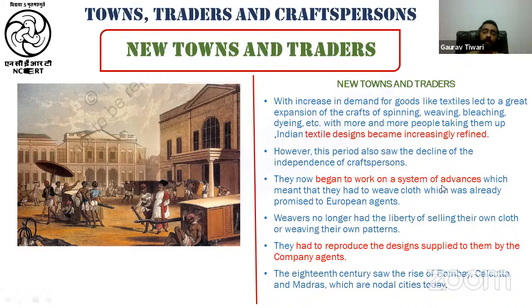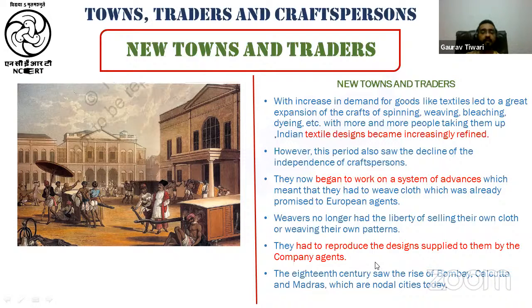And this was the system of advance. ये अपना कॉटन उन्हीं को बेचते थे जिन भी यूरोपियंस को इनने प्रॉमिस किया होता था. Now these weavers no longer had the liberty of selling their own clothes. They do not have the liberty to design their own clothes. ये सिर्फ कंपनी की भेजी गई डिजाइन्स को रीडिजाइन करते थे, उन्हीं को फर्निश करते थे और इन्हीं को बेच दिया करते थे.